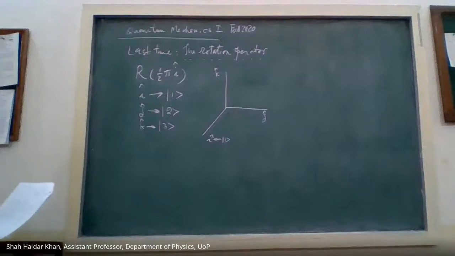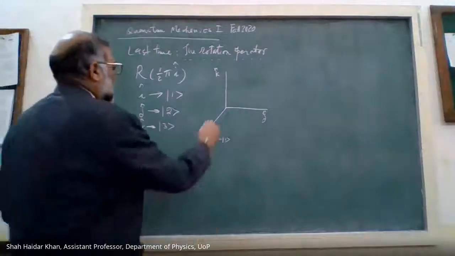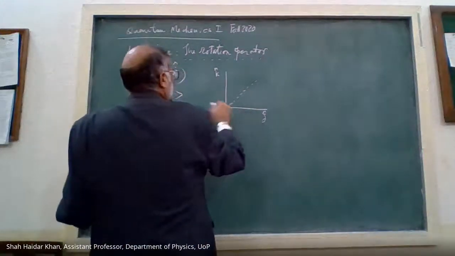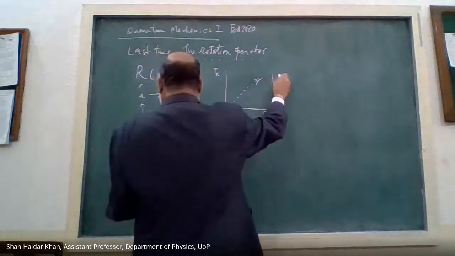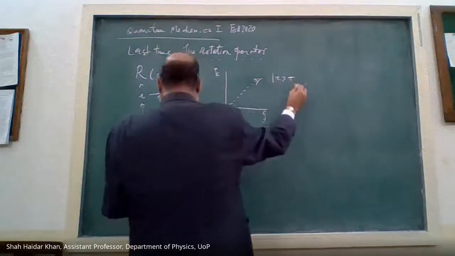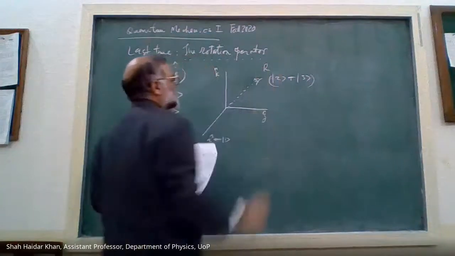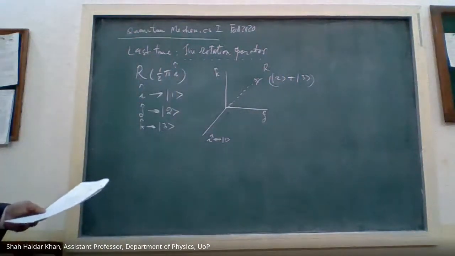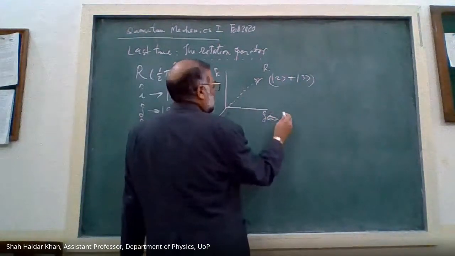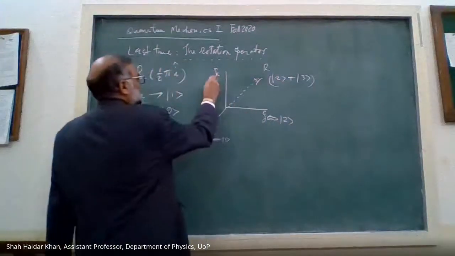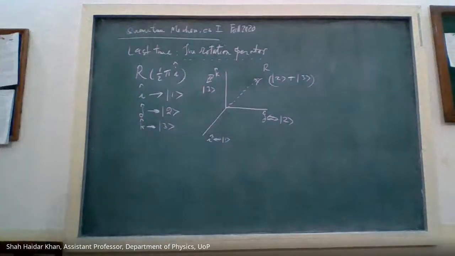suppose we apply the rotation to a kind of vector. Suppose that is like k2 plus k3. Suppose we apply the rotation operator to this, right? This is some vector, that is k2, and that is k3.